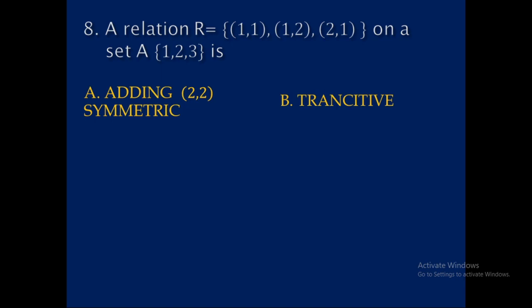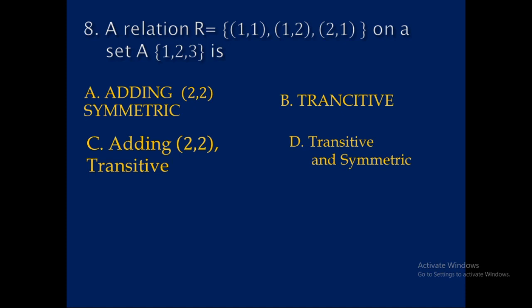Option B: R is transitive. Option C: adding the ordered pair (2,2), R is transitive. And D: R is always transitive and symmetric.